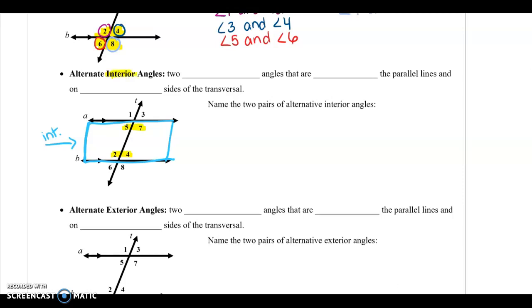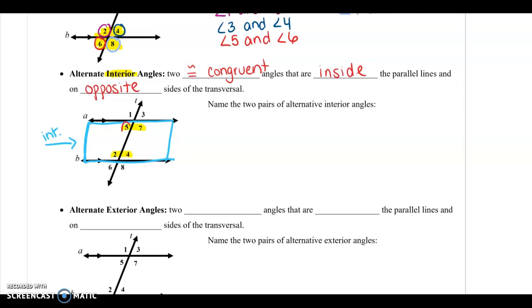These are two congruent angles, meaning they have the same measurement, that are inside the parallel lines and on opposite, or alternate, sides of the transversal.